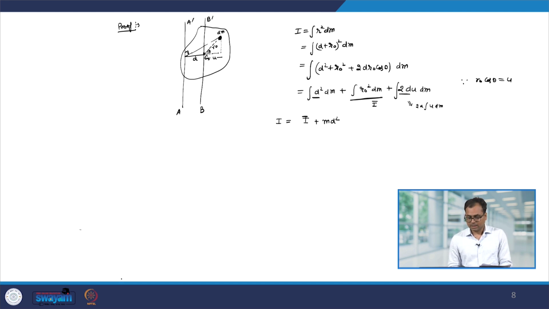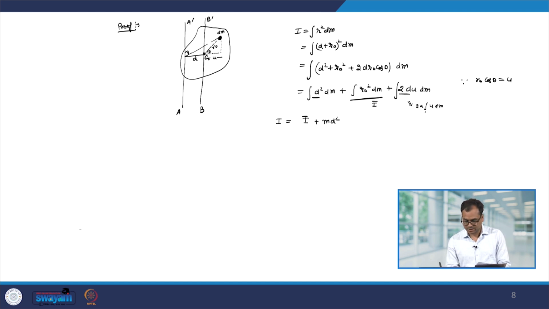But since this axis b prime b is passing through the center of mass, therefore, integral u dm will be 0, because it is the definition of the center of mass axis. If you take r into dm and then you integrate it, it has to be 0, okay.